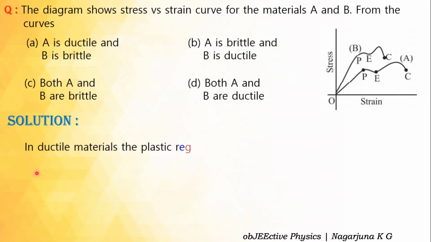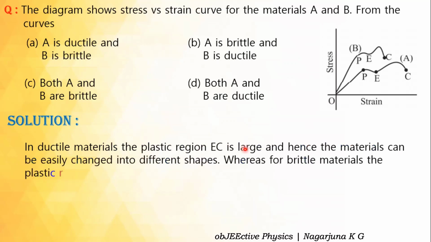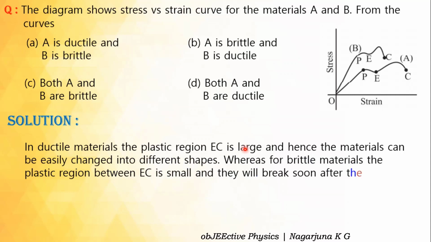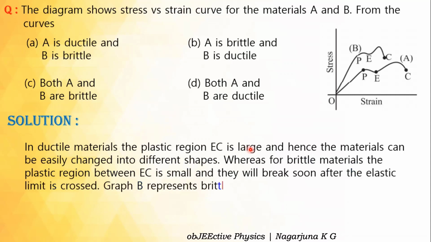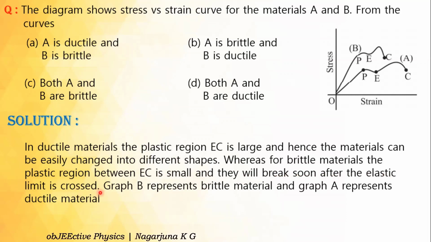Solution. In ductile material, the plastic region EC is large, and hence the materials can be easily changed into different shapes. Whereas for brittle materials, the plastic region between EC is small and they will break soon after the elastic limit is crossed.